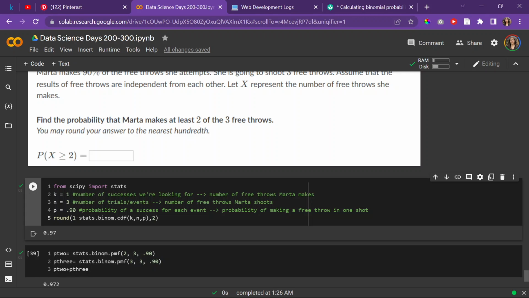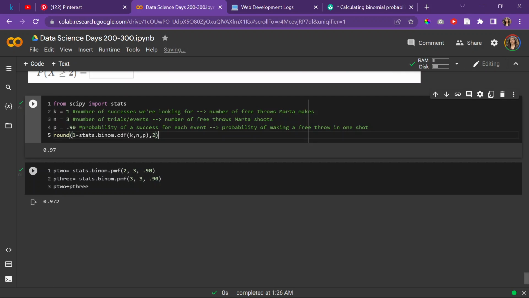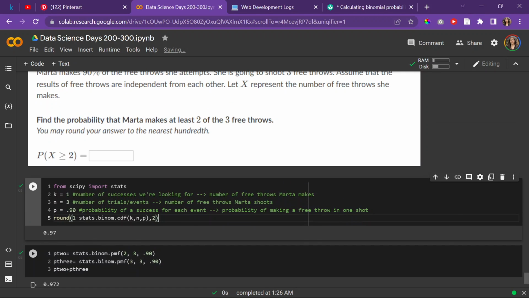Anyway, where were we? So yeah, apparently I'm trying to understand why it is that we do k is equal to 1 and not k is equal to 2. If it's equal to 2, that doesn't make sense.